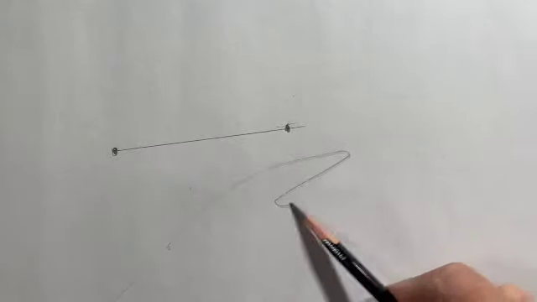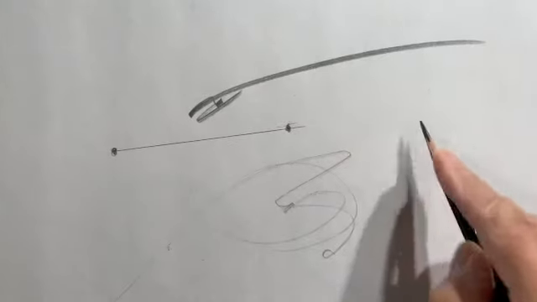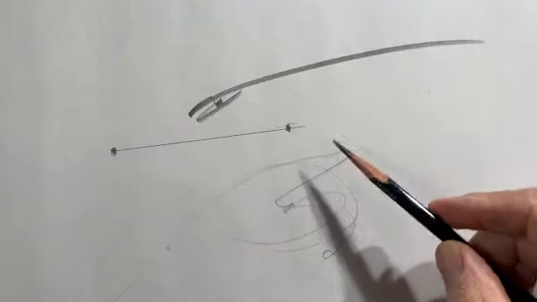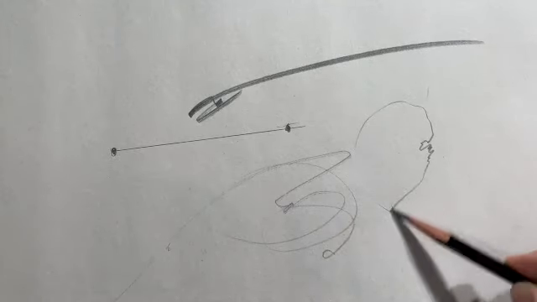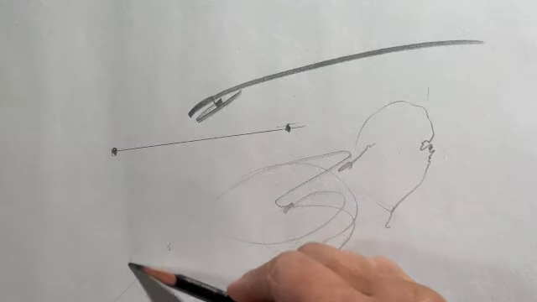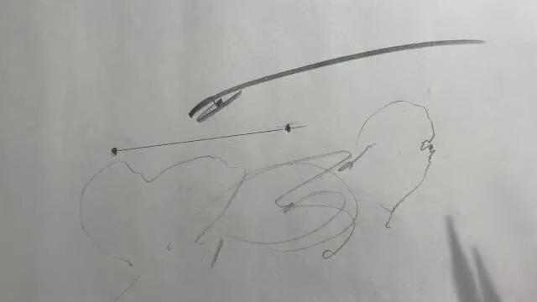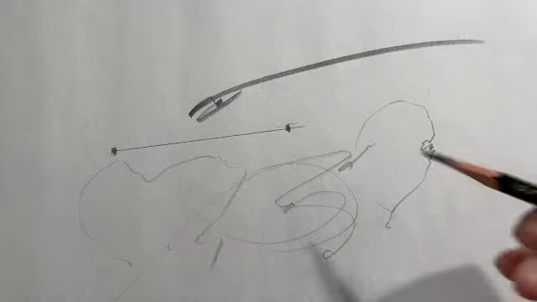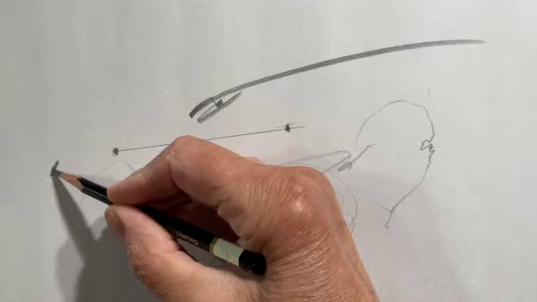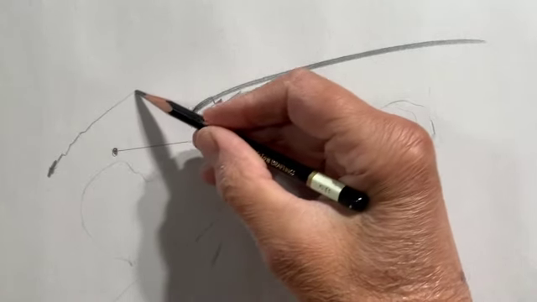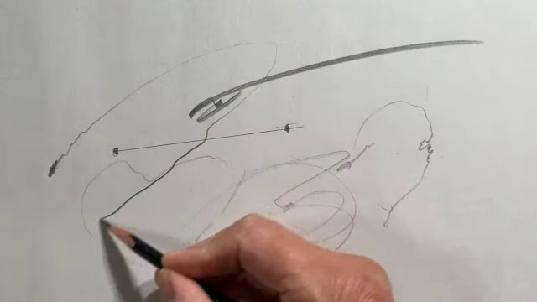Line can have grace to it. Line can have velocity. Line can have personality. A Picasso line isn't quite the same as a Matisse line, and so on and so forth. So line can also represent a position in space, like this line is close to us, but this line is reaching deep into space and then coming back at us.